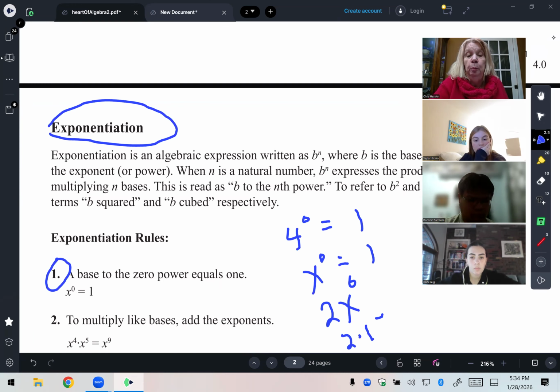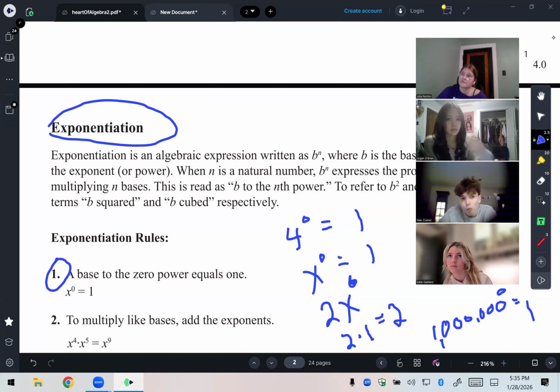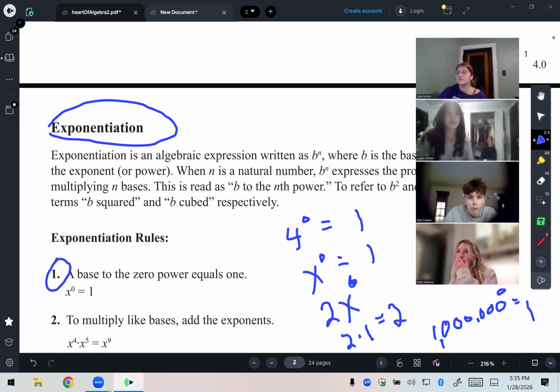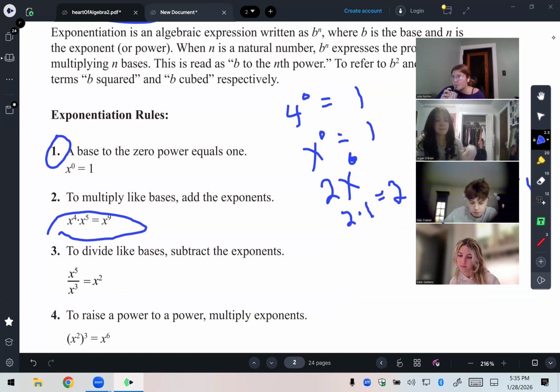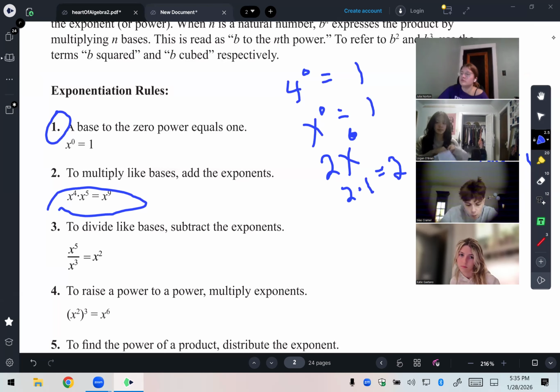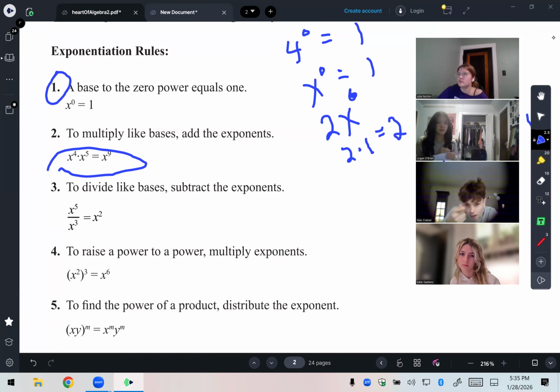And the other group, we're all good. So to multiply like bases, you add the exponents, right? And to divide bases, you subtract the exponents. To raise a power to a power, you multiply the exponents.